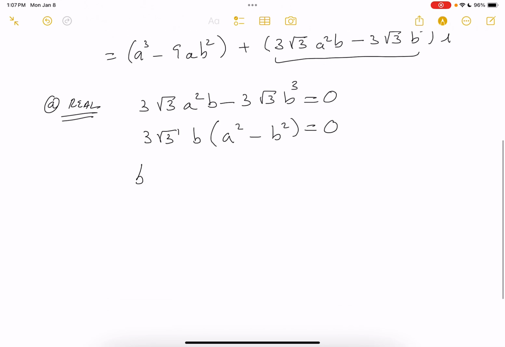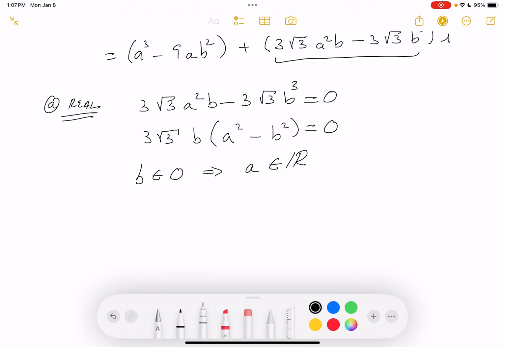Well, b could be 0, and if b is 0, this would tell me a could be any real number. So b equals 0. Now, I also want to say that a could be equal to plus or minus b.